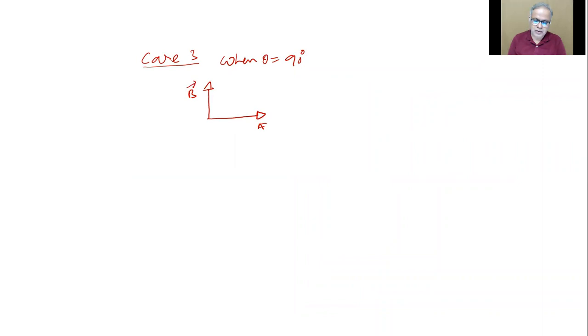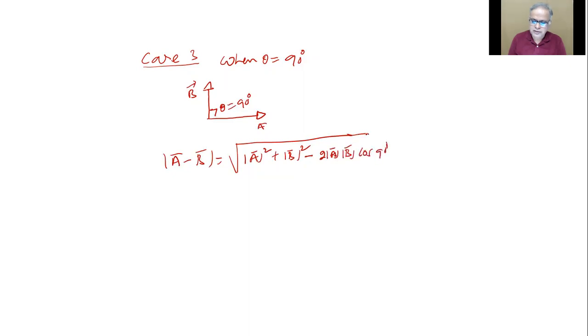So if you go by the formula alone, mod of A minus B would be under root mod A square plus mod B square minus 2 mod A mod B cos 90. Cos 90 being 0, you have the values in the table. Those who forgot it can look into that. Mod B square. Now the same thing you show in a geometrical way.